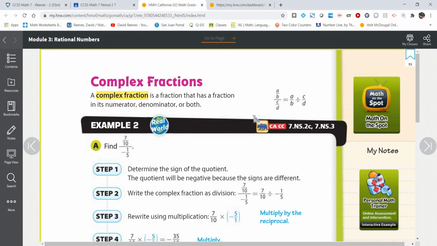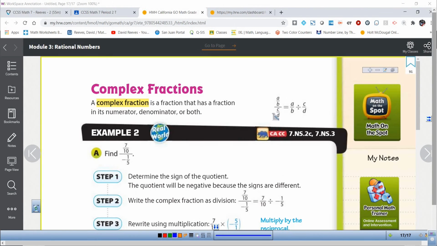What we need to remember is that when you divide by a fraction, it's the same as multiplying by the reciprocal, right? Or some people call it keep, change, flip. Or I've heard keep, switch, flip. However you want to think about it.